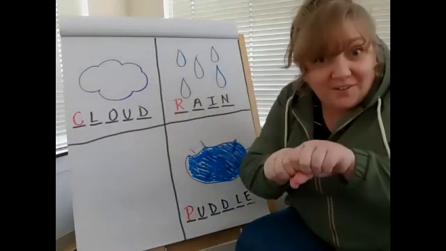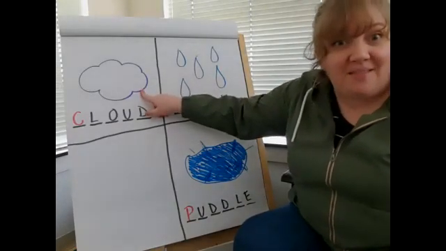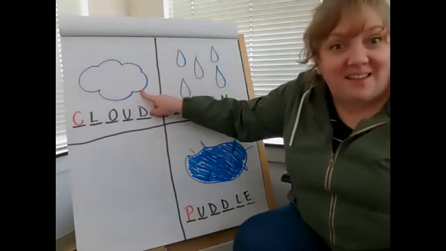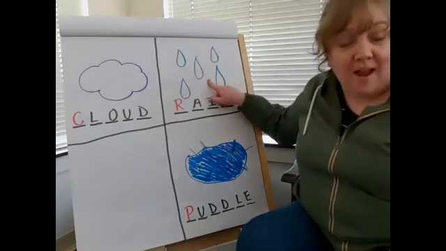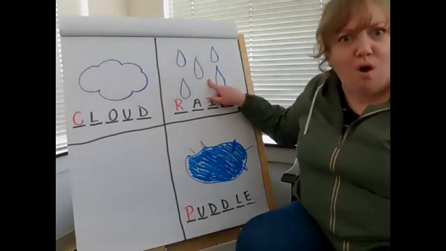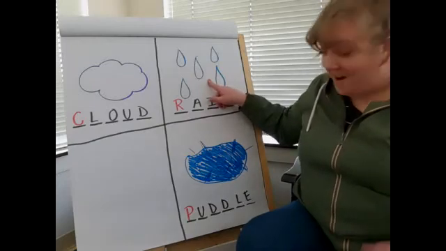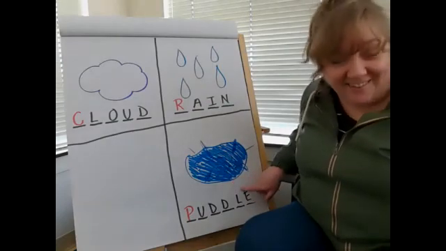So the cloud is up in the sky, and it gets filled with water droplets, and the water droplets fall and make rain that goes all the way to the ground where we are, and it makes a big puddle.